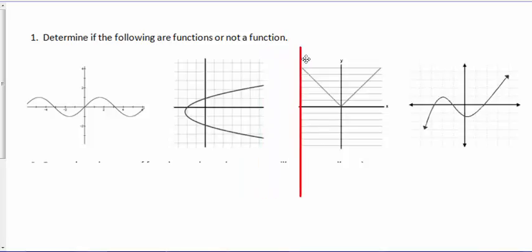Now we'll go to this one, and it is good. It only touches one time. And then let's try this one out. All right. So looking at these, what you encounter is this: this one is a function.